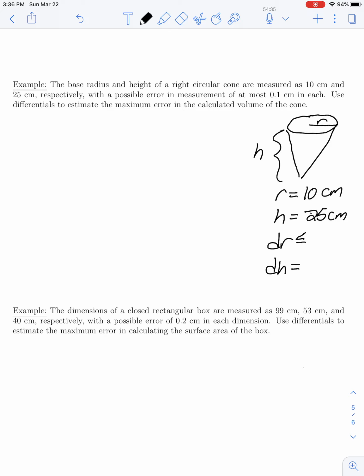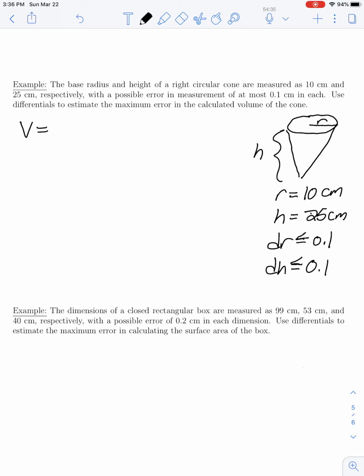So these differentials would have to be less than or equal to 0.1 centimeters each. And now we are asked to determine, well, for these possible errors in measurement, what is the maximum error in the calculated volume of our cone? So we're asking here about the volume of this cone. I'll denote it as V.